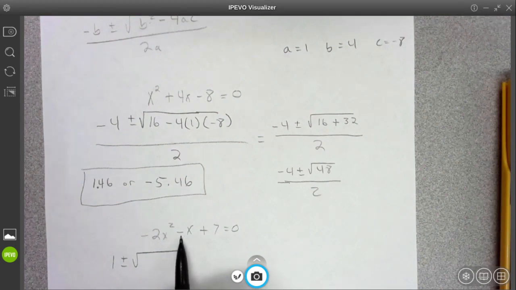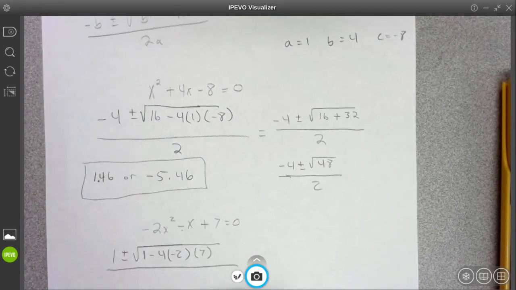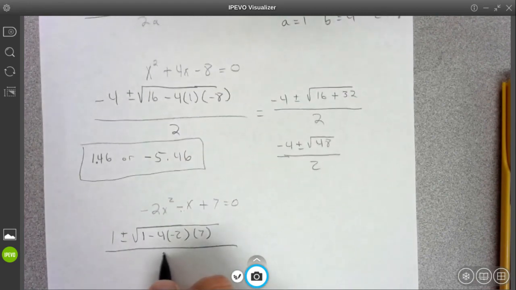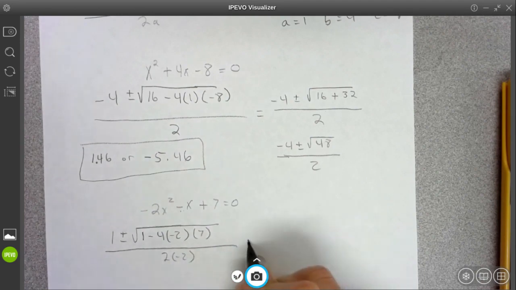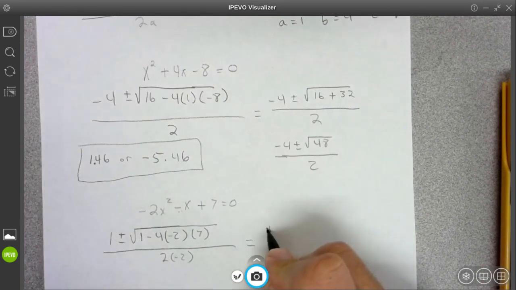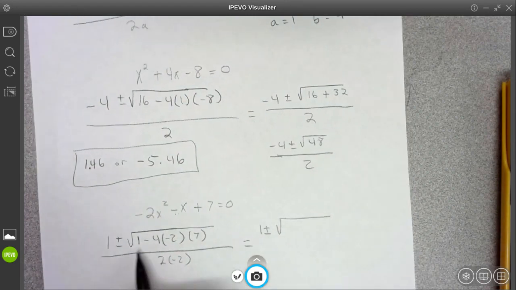So that's going to be -1 times itself. So 1 minus 4 times a times c, all over 2 times a. So 2 times -2. All right, let's work this one out. 1 plus or minus square root.